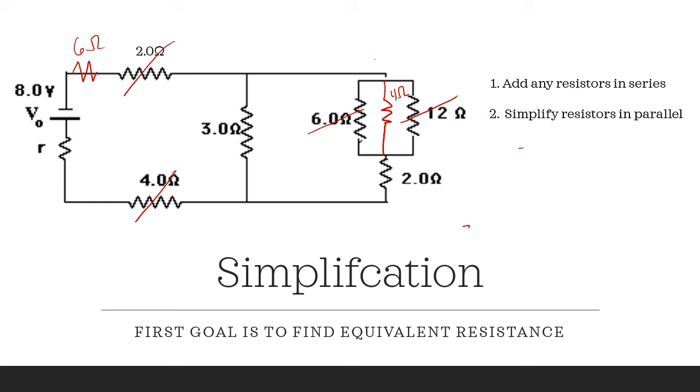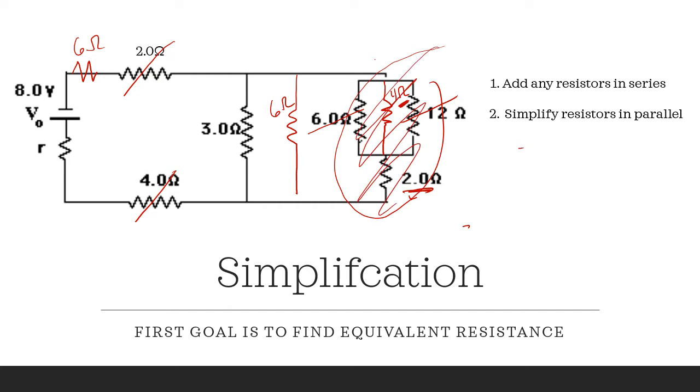And we now have a 4 ohm resistor here and a 2 ohm resistor here that are in series. So those become easy to deal with. Those become a single 6 ohm resistor. So now we've replaced everything over here with that single 6 ohm resistor.